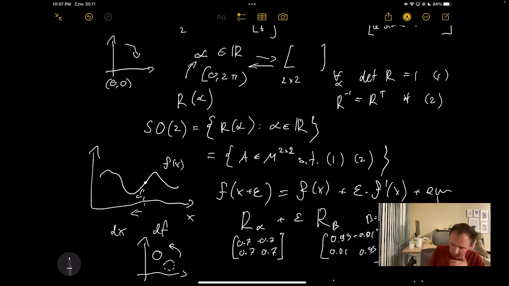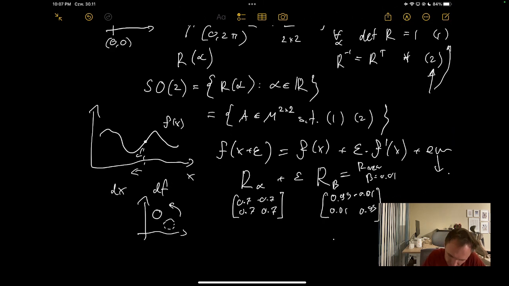If I add those together and call this R new, R new actually doesn't have properties 1 and 2. So just naive application of the formula for the derivative and derivative-based optimization doesn't work.